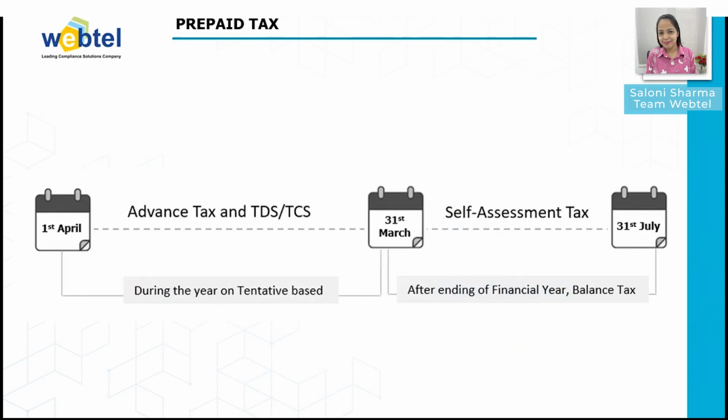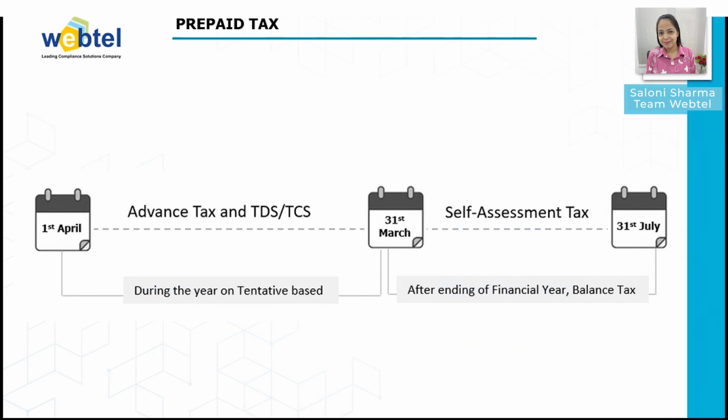Now, we need to understand what is an advance tax and what is the duration of paying an advance tax or a TDS. So, if a tax is paid between 1st April to 31st March, then it would be considered as an advance tax, and also TDS and TCS would be deducted and collected within the financial year from 1st April to 31st March.